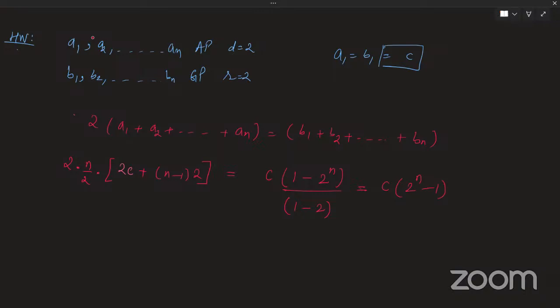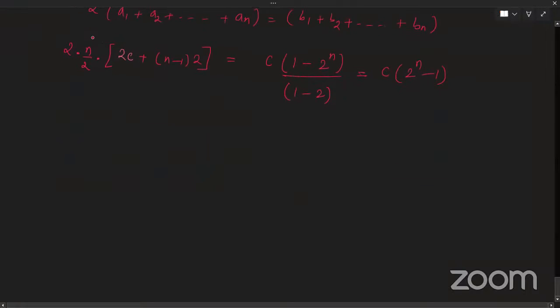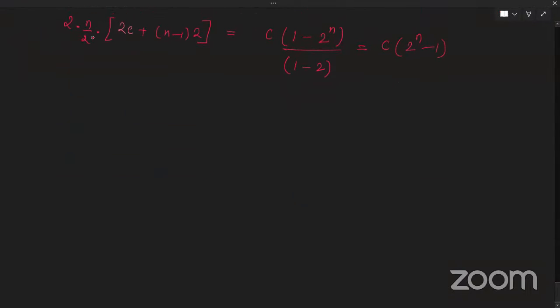So basically I will just open this expression up. It is n into 2c plus 2n minus 2, and this is c into 2 raised to n minus c. Now can you open this? So it is 2cn plus 2n square minus 2n is equal to c into 2 raised to n minus c.